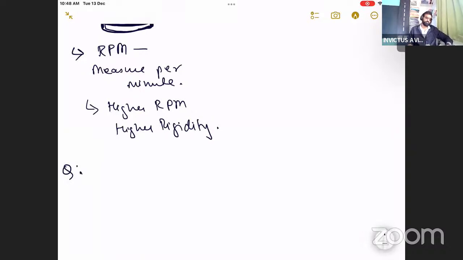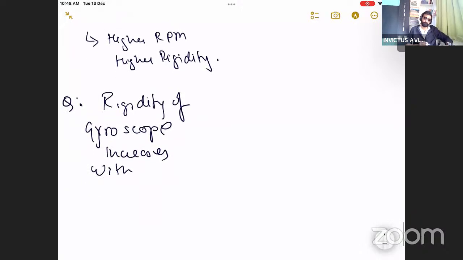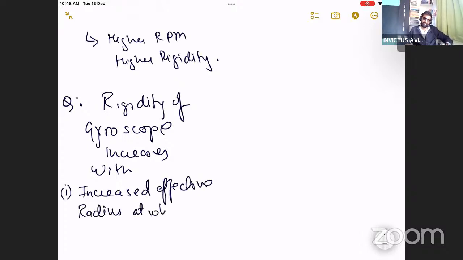Rigidity of gyroscope increases with point one, increased effective radius at which mass operates. Students, look at the language you will be getting.